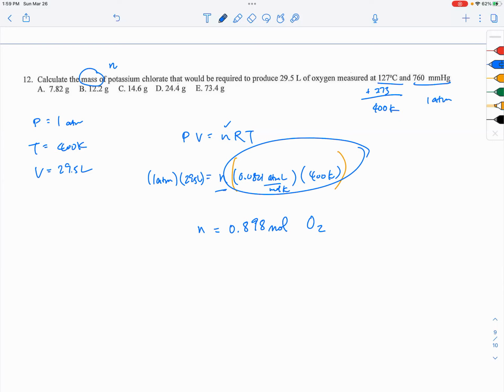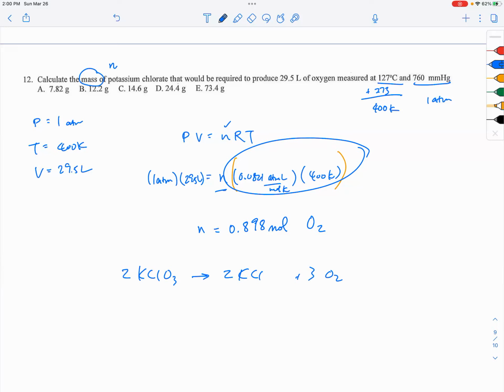Okay. And then what else? Well, that's the moles of O2, and then we need the chemical formula of potassium chlorate so that we know the mole ratio.